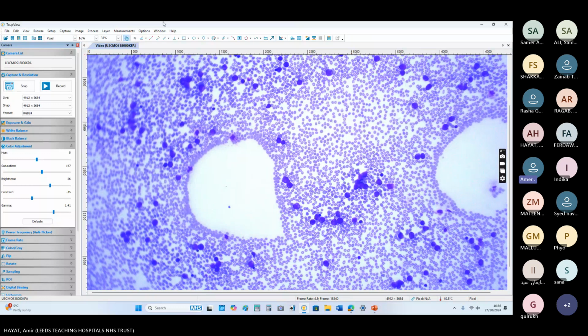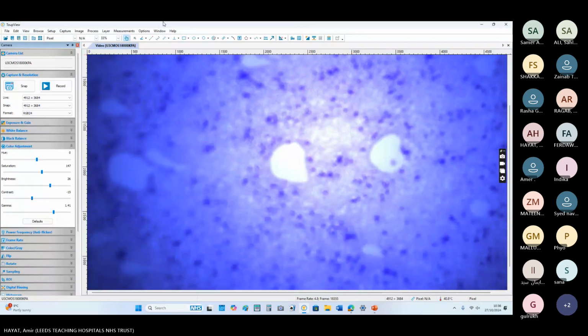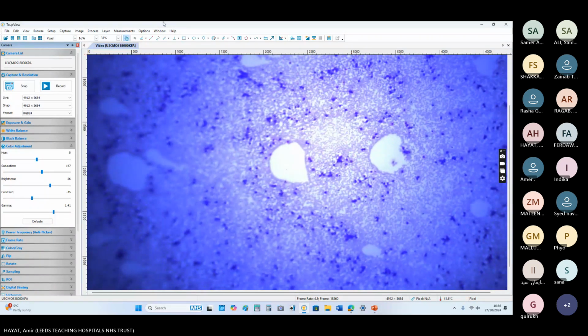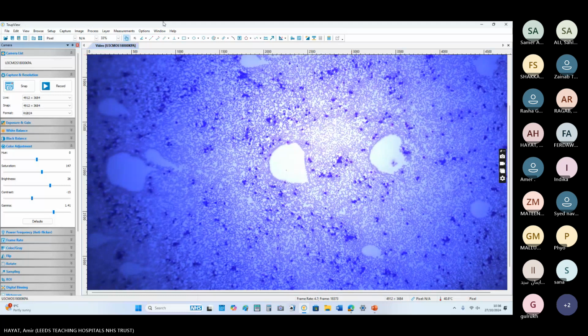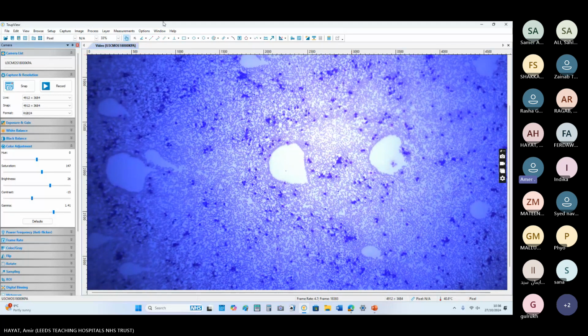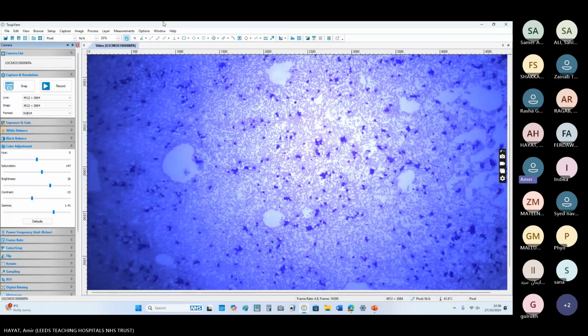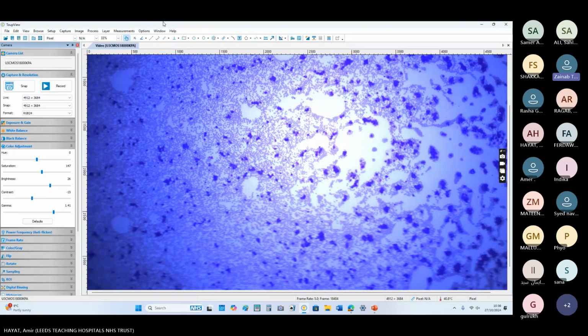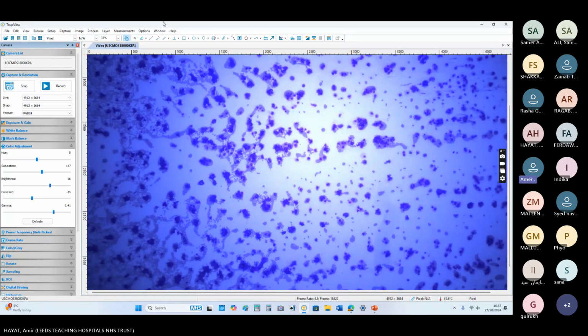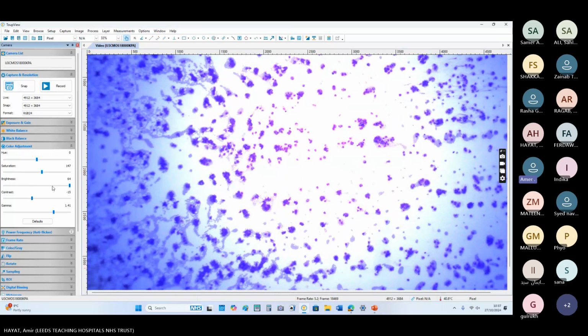Right, so this is the last case. This is the aspirate of a 30-year-old female who presented to ED with epistaxis and bruising.